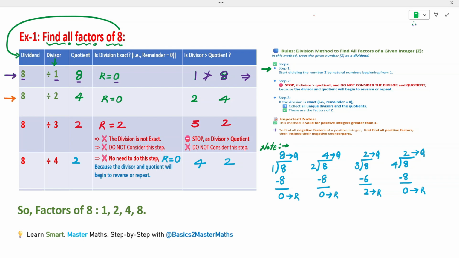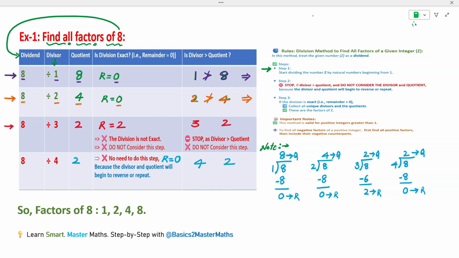Here, when we divide 8 by 2, we get 4 as the quotient and 0 as the remainder. In this case, the divisor is 2, which is not greater than the quotient 4. So, move on to next step.